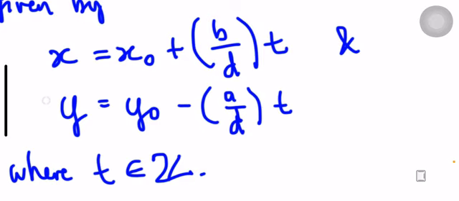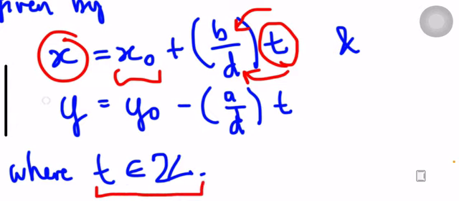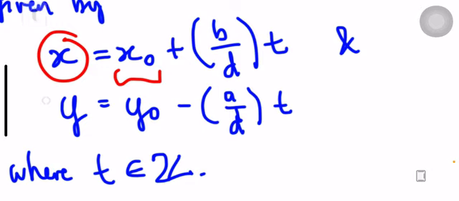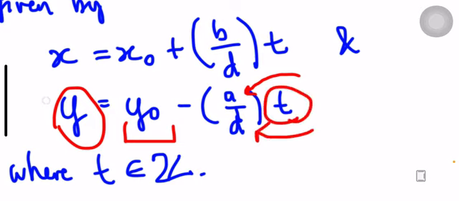So for all the t's, your x's are defined as the first value that you have plus b over d, this is the coefficient of your y divided by d, the GCD of the coefficients, times this t, where t ranges over all integers. Likewise, to get all the y's, you have the y sub 0, the particular solution that you got, minus the coefficient of x divided by the GCD of the coefficients, multiplied by t.